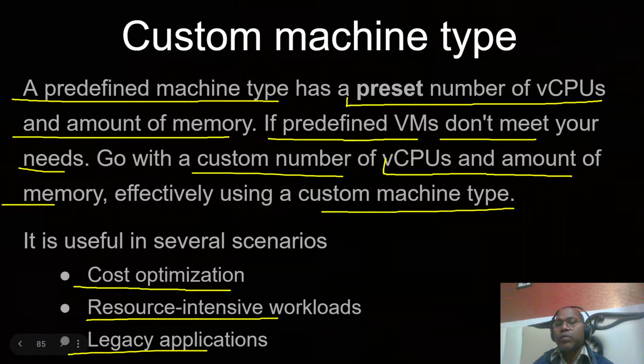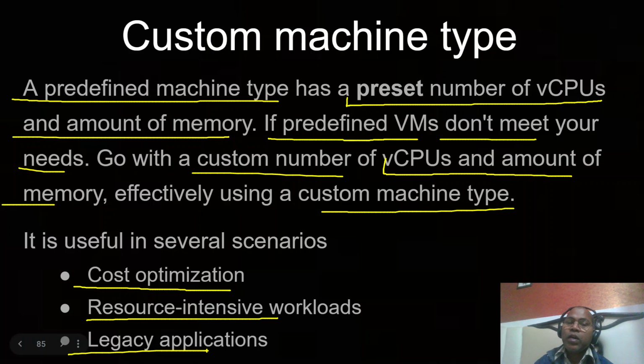So generally, custom machine types are a good choice if you have legacy applications or legacy servers running and you don't want your customer to go through a different kind of experience if you change the processing and machine types over time. In those scenarios, a custom machine type is a good choice.